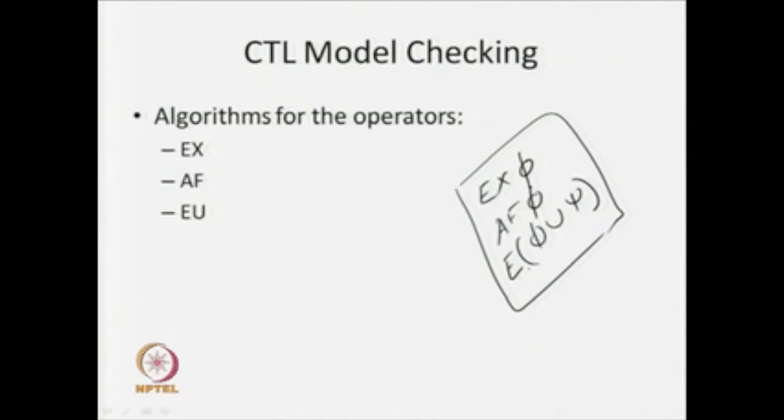Now, in the last class we saw the algorithms, and these are some sort of graph traversal algorithms. We take the Kripke structure with its set of states, all the transitions, and along with that the labeling function. In all those procedures, we traverse the entire state space, the entire graph, and check whether the property is true in a particular state or not.